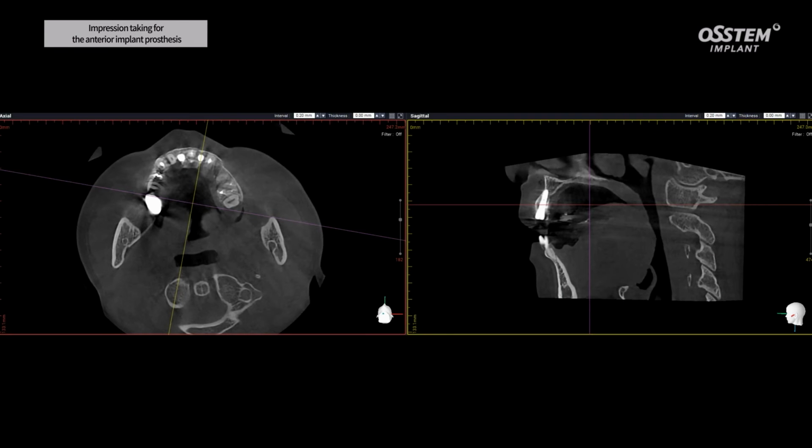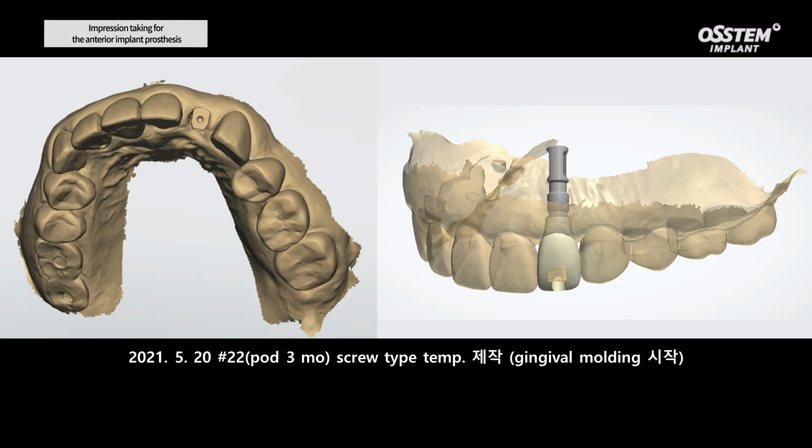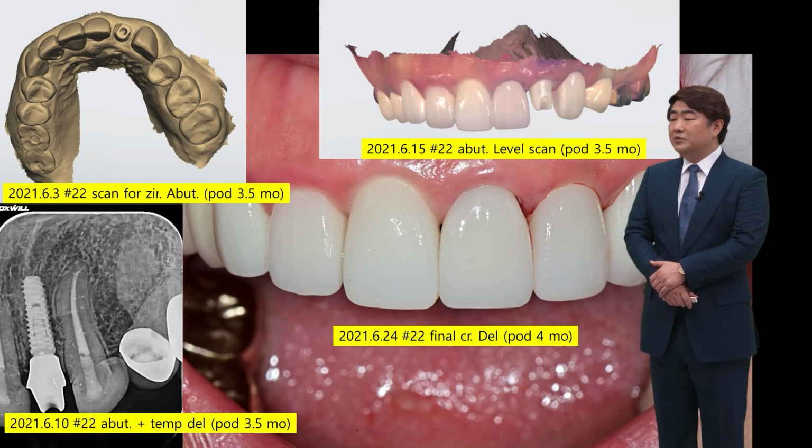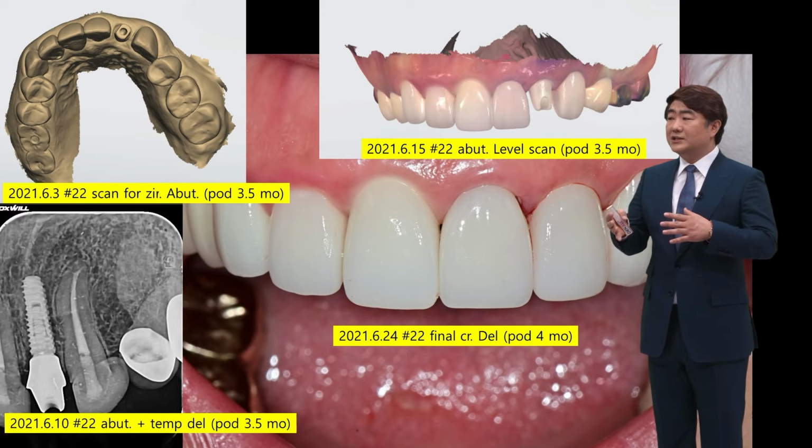Like this, the buccal bone side was placed nicely, and I placed it in February, and for the next 3 months, the healing abutment was worn. Then the SQ was measured, and the screw type temporary was created, and we started to do gingiva molding. And the patient said the molding was okay.